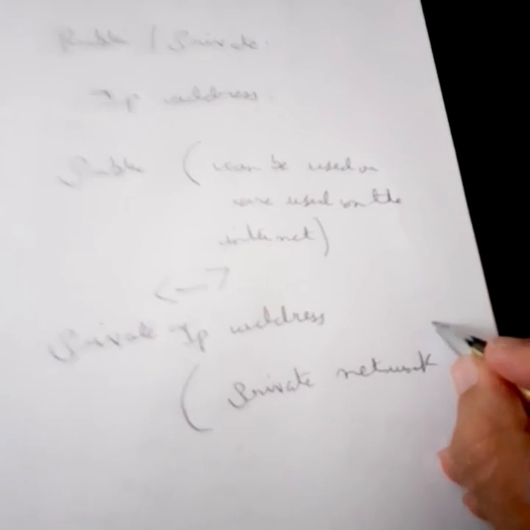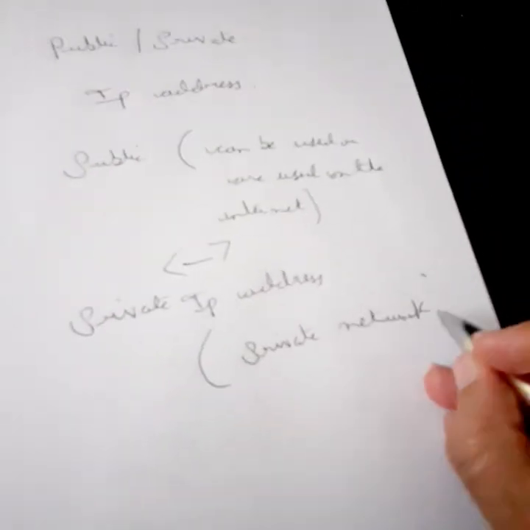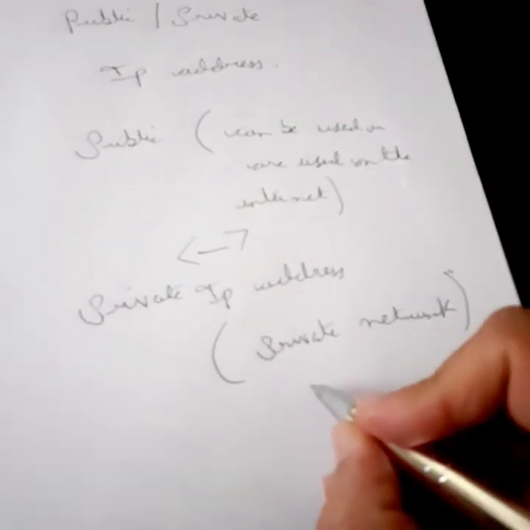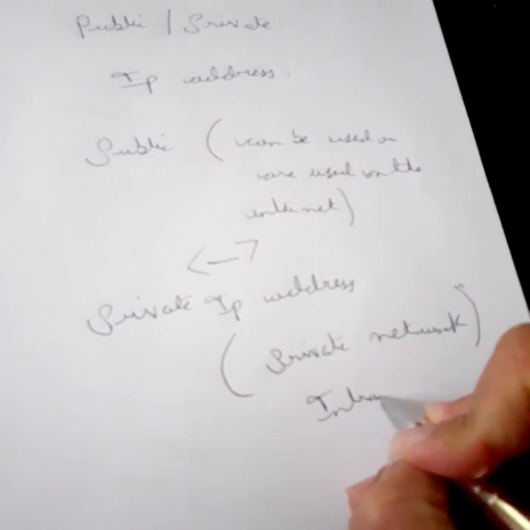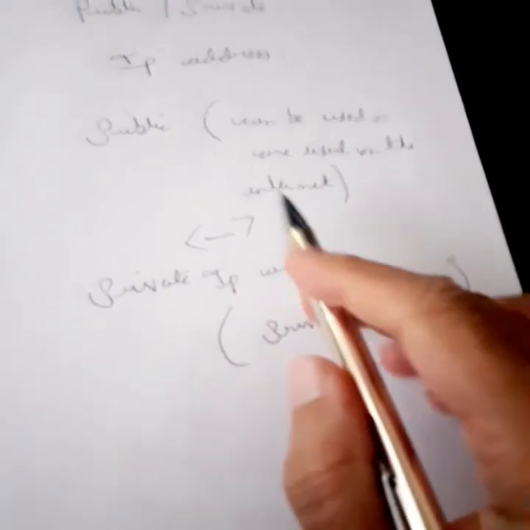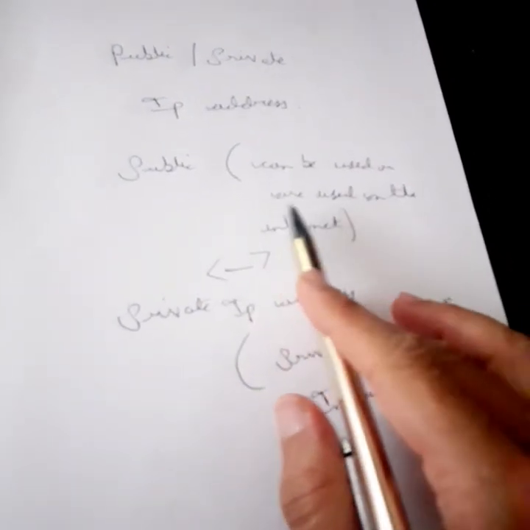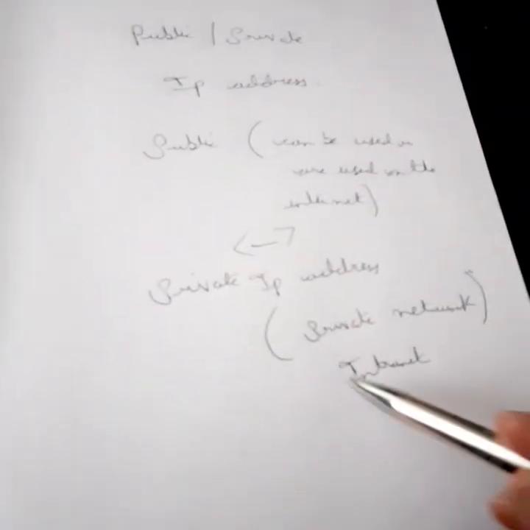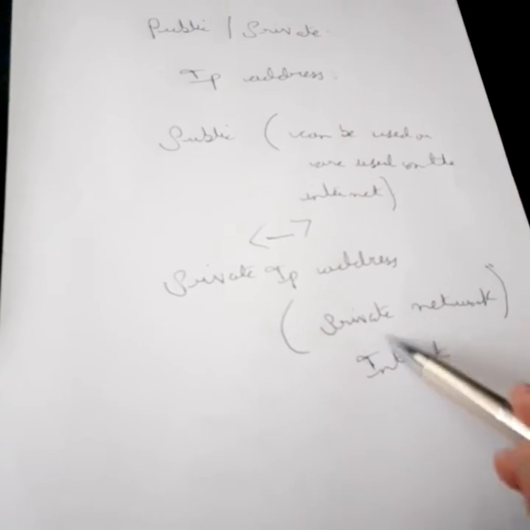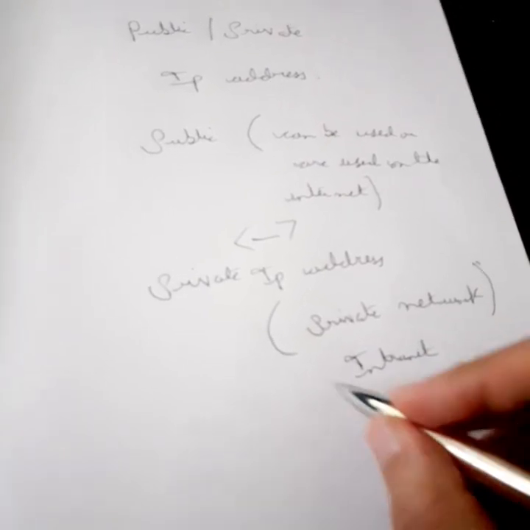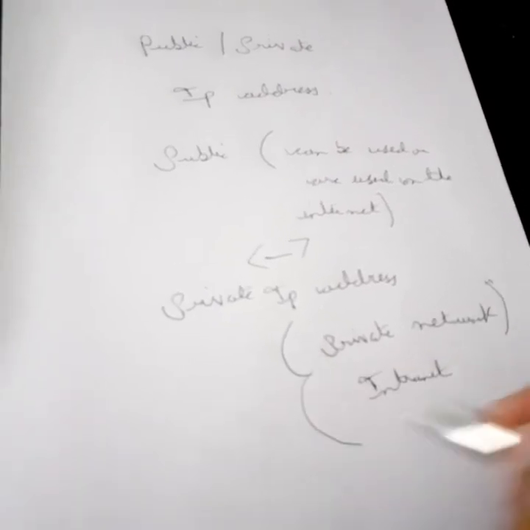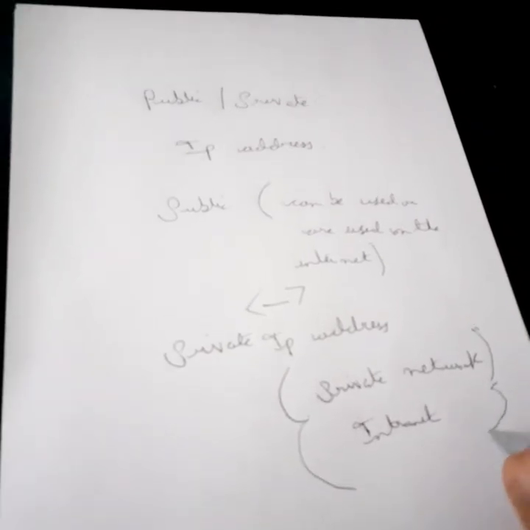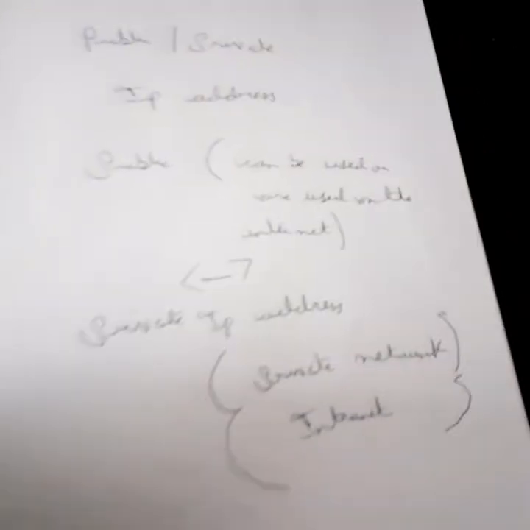Internet is the one which can be used outside your network, and this is inside your network. So private network addresses, and I might say this is called intranet.